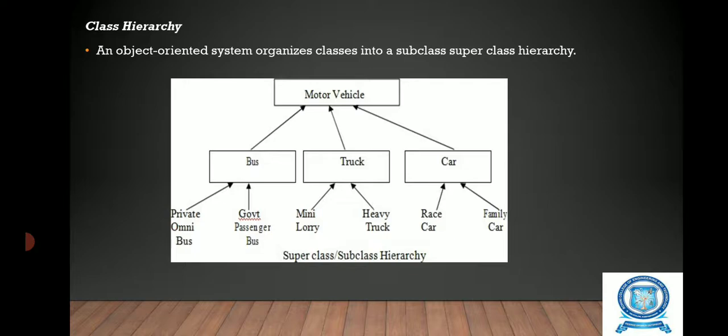Everything comes under the heading motor vehicle, and these are the subclasses. When we consider bus, we have types of buses, that is, a private omnibus or a government passenger bus. In the case of truck it may be a mini lorry or heavy truck, etc. And for car, we have different types, it may be a race car or a family car.